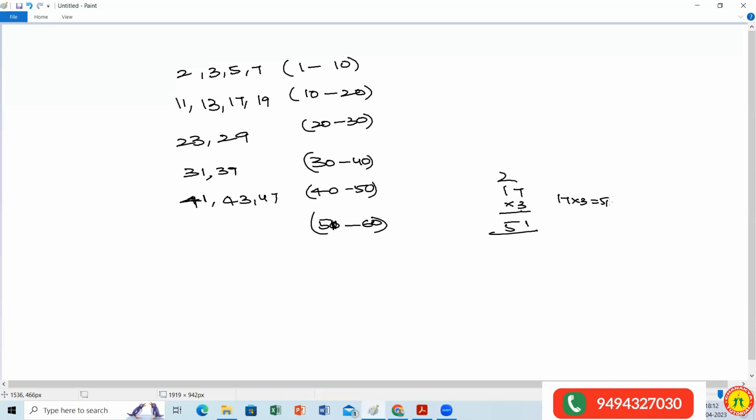So 51 comes in the 17 table. There are factors, not only the number. 7 and 3 are also factors. That's why it's not a prime number. Check like that so that you can get the further numbers.